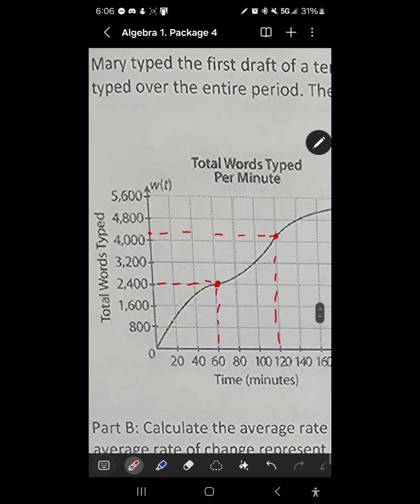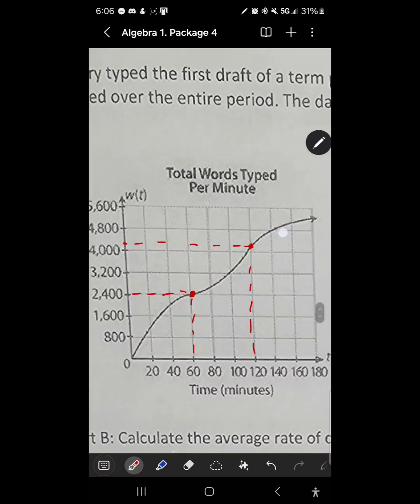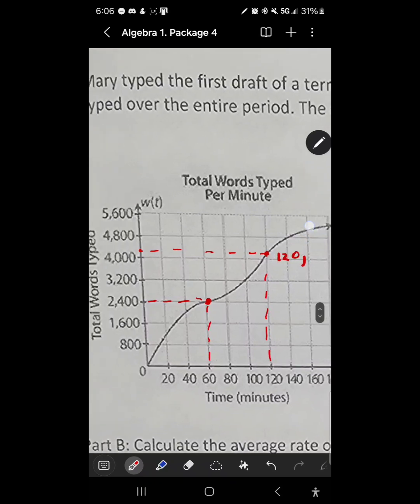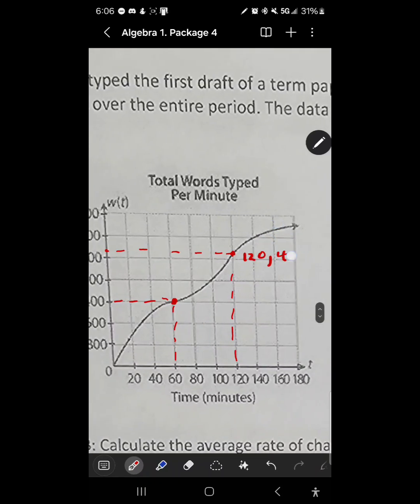But I could say this is like 1,800, because this whole thing is 800 and it seems like half of the half. More or less, I would say this is 120, comma 4,200. And then this 60, comma 2,400.